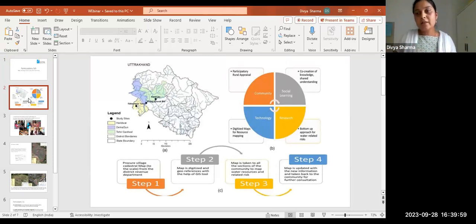Normally, we do that in a PRA activity where we gather the community and create a map with them. But normally those maps are lost, in that we are not able to utilize the information gathered during that activity.